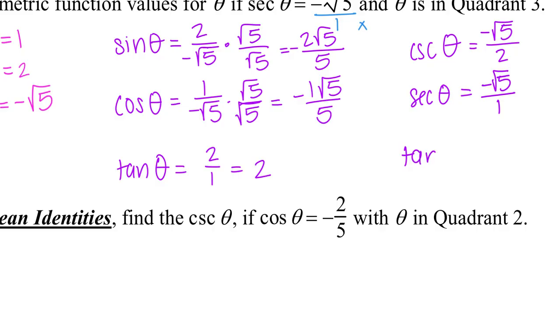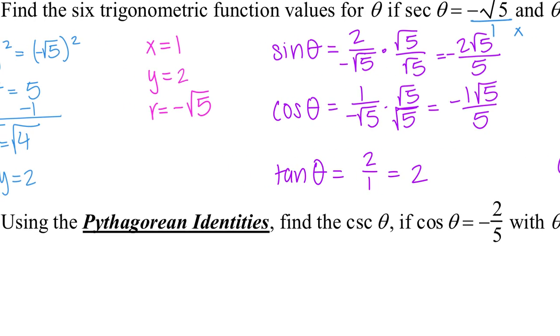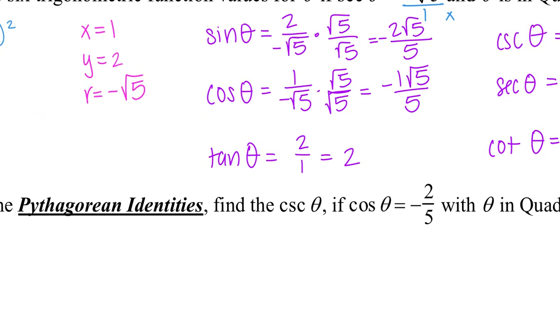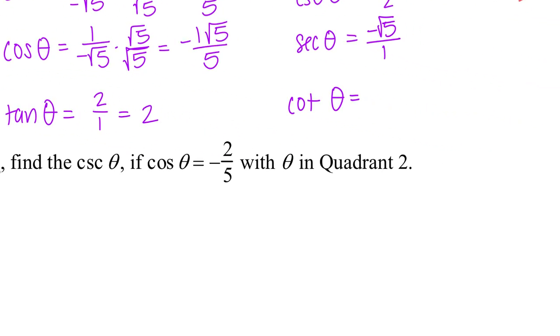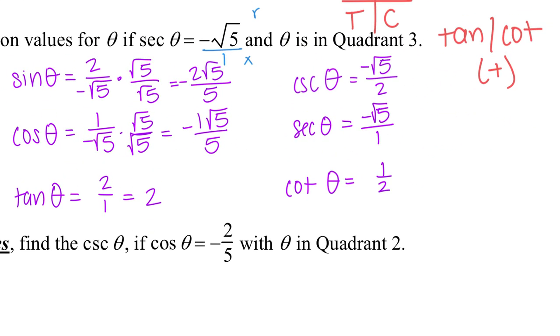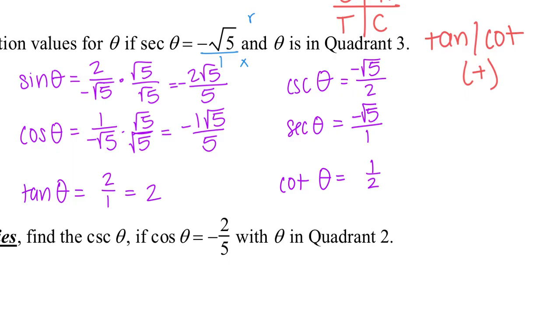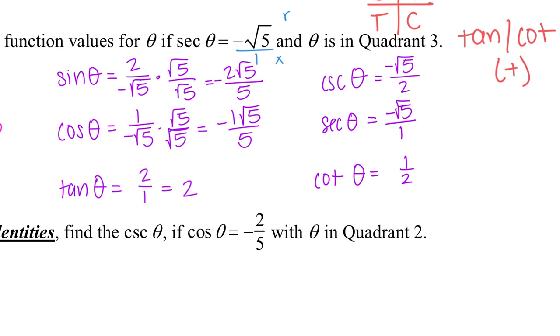And then cotan theta, which in this case is x over y, which is 1 over 2. Now going ahead and checking, tan and cotan should be the only ones that are positive. So this is positive, this is positive, everything else needs to be negative, which is correct.